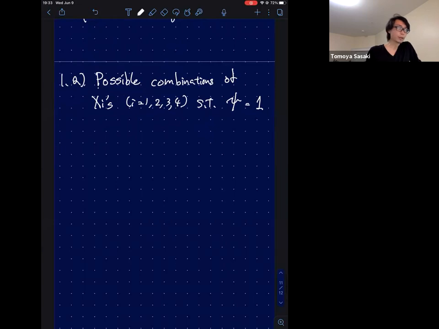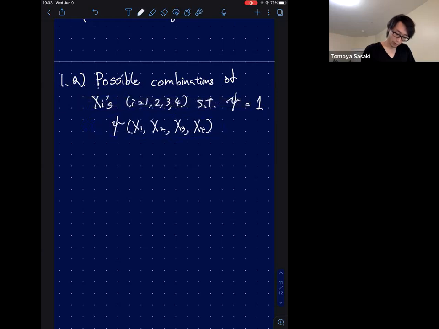So we would like to know under what condition psi is equal to 1, in other words. As usual, psi is a function of x's, and here psi is a function of x1, x2, x3, and x4.